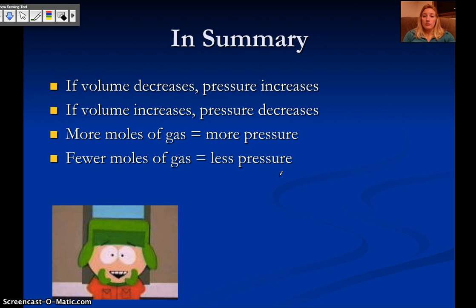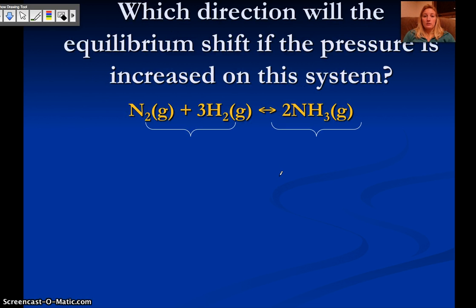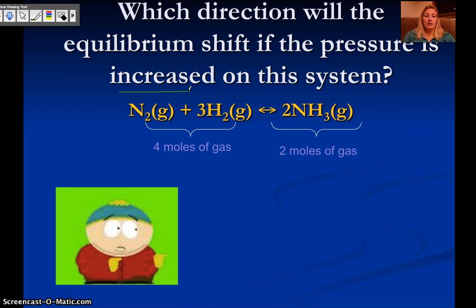So let's take what we know and look at our rule 3, how pressure is going to help the equilibrium shift here. Which direction will the equilibrium shift if the pressure is increased on this system? Well, we have to look at the number of moles of gas. Here we have 4 moles of gas, and here we have 2 moles of gas. So if we're increasing the pressure, it's going to want to decrease it.